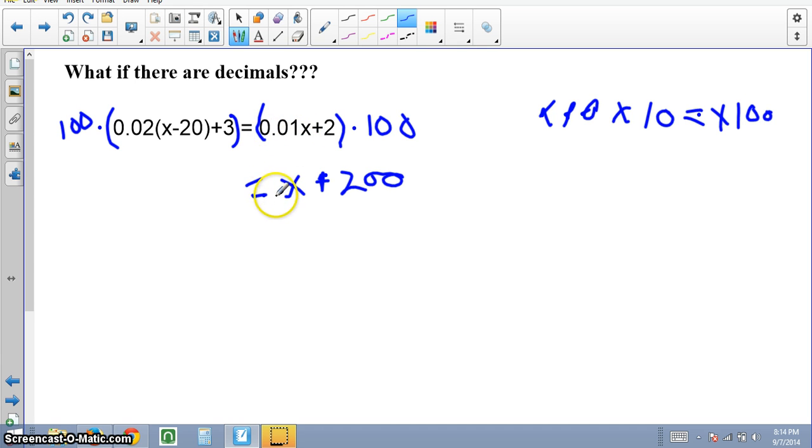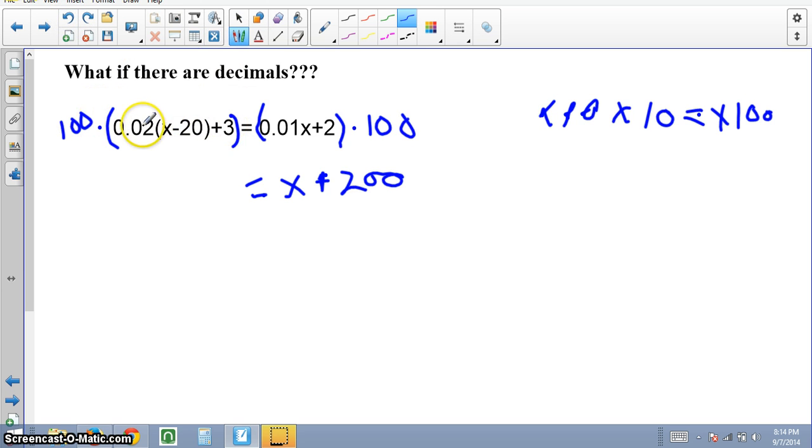On the left side, do the same thing. One thing that's potentially confusing is that there are really only two terms here. The first term is this big complicated piece right here, and the second term is the 3.